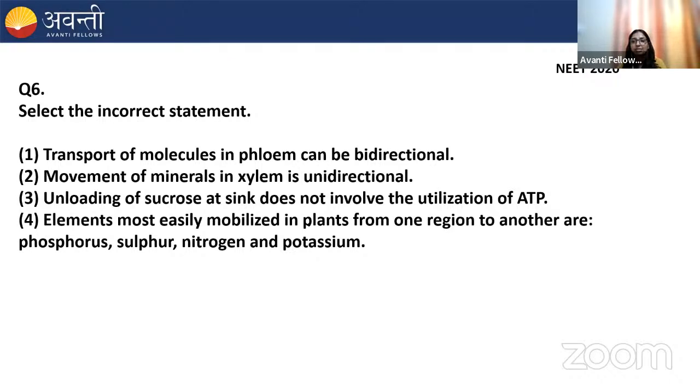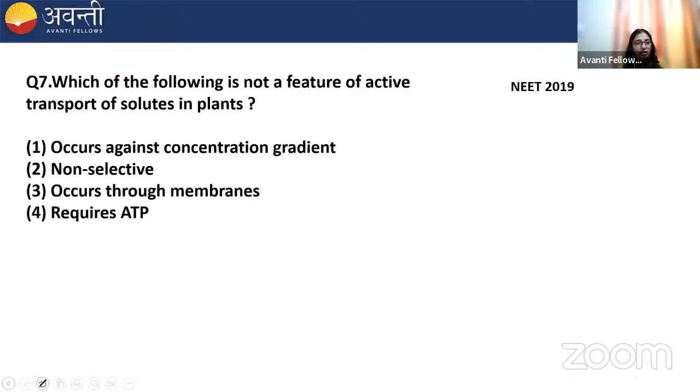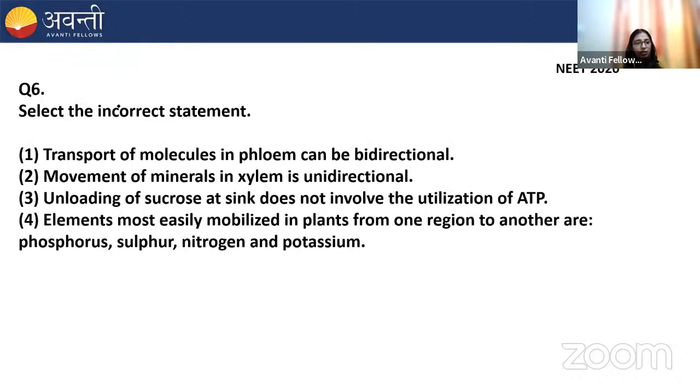I told you when I was teaching you the mass flow hypothesis. So I'll explain this quickly because we are running out of time. Option 1 says transport of molecule in phloem can be bidirectional.